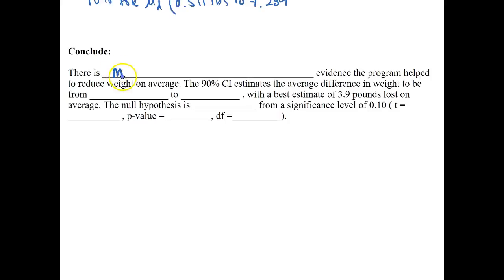So let's go ahead and then finish our 4-part conclusion. What this means is that there is moderately suggestive evidence the program helped to reduce weight on average, and the 90% confidence interval estimates the average difference in weight loss to be from 0.5 pounds to about 7.3 pounds.